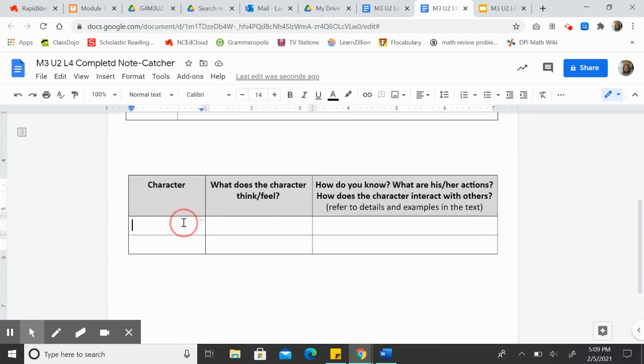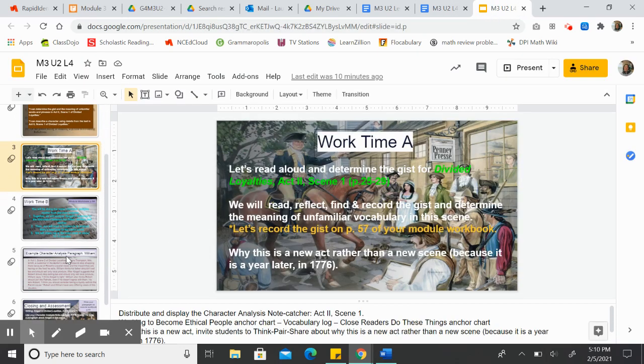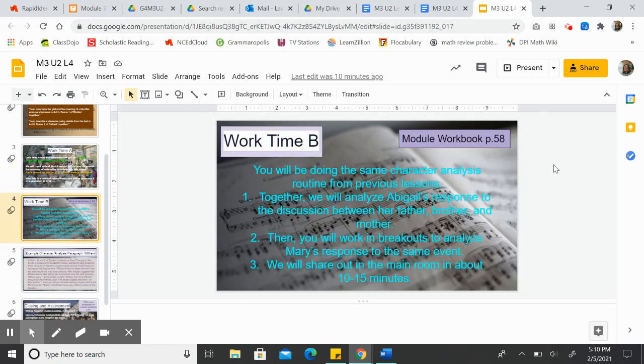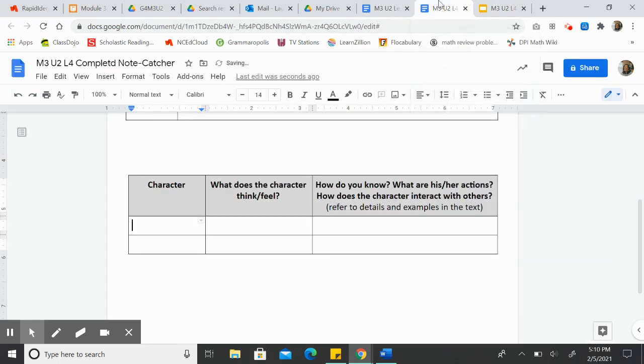Okay, so what you're going to do next is fill in this graphic organizer. In class, we're going to fill in Abigail and Mary. Actually, let's look because I don't remember. I don't want to tell you the wrong thing. Let's see. We're going to do Abigail together in class, and then you are going to do Mary with a small group in breakouts.